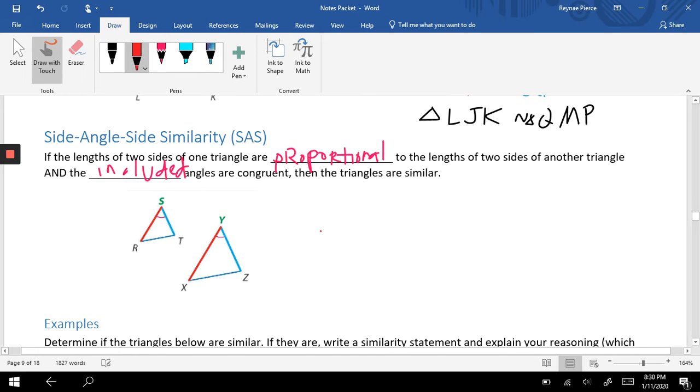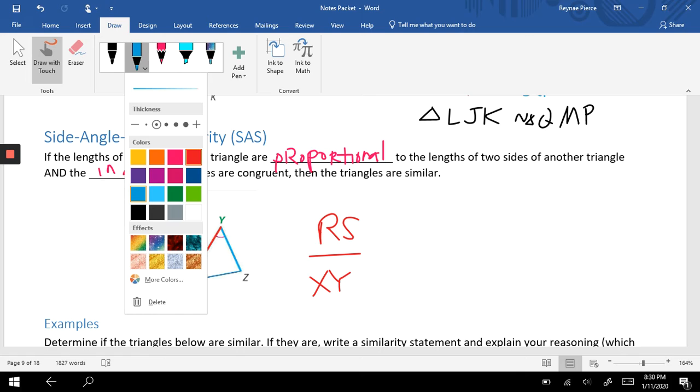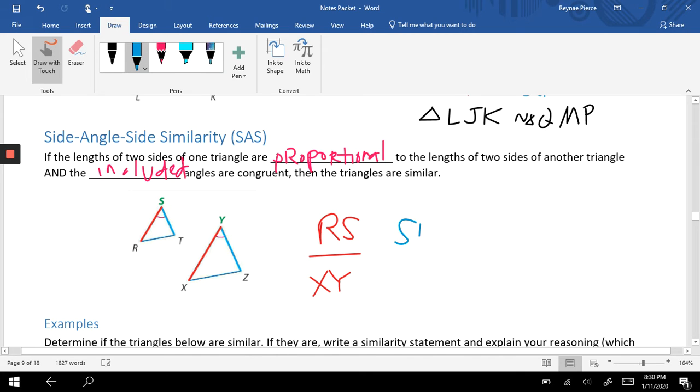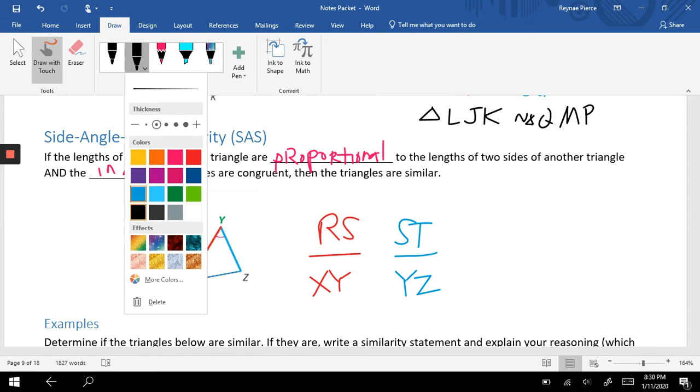Okay, so here I've got RS and XY as corresponding parts, and then I've got ST and YZ as corresponding parts. Okay, so I know they are proportional.